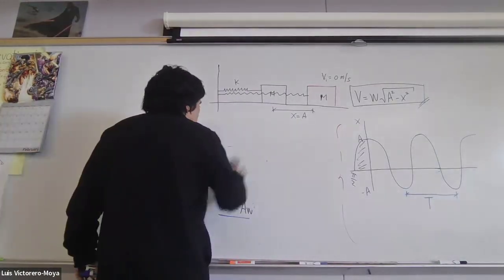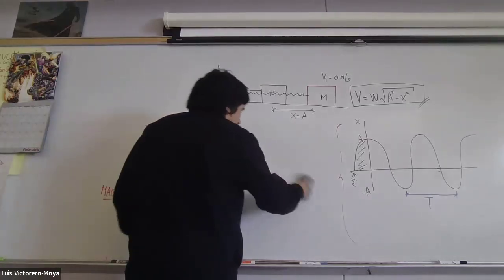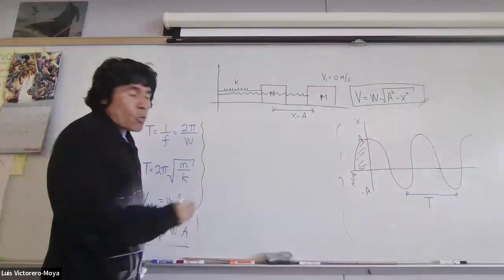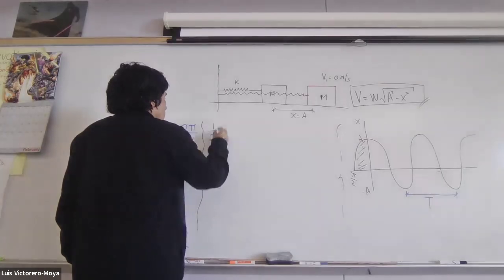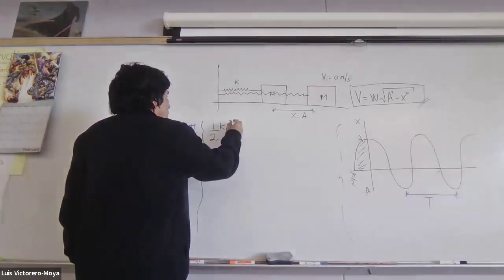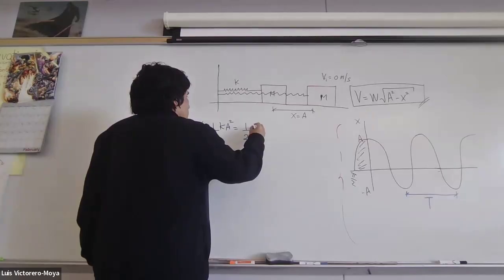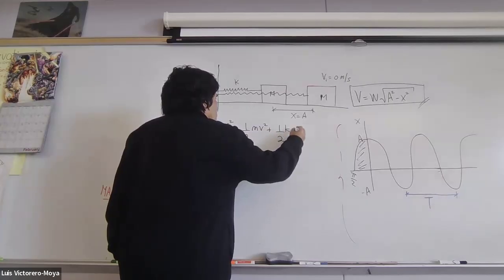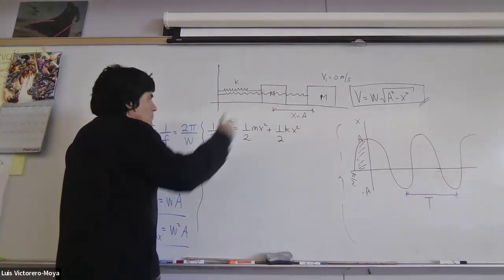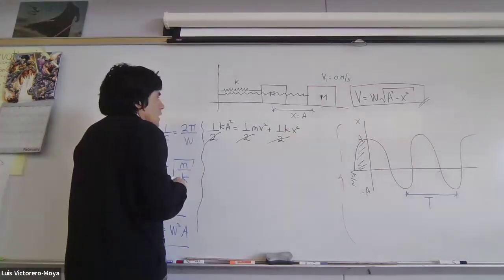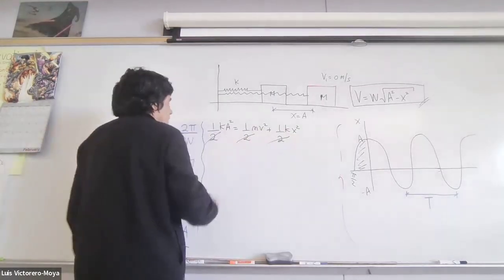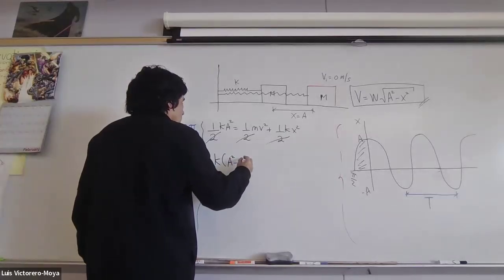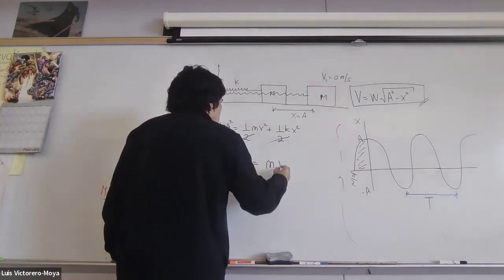We know that the maximum energy for a simple harmonic motion is 1/2 k A squared. That's the mechanical energy, equal to the kinetic energy plus the elastic potential energy, which is this. So if I multiply everything by 2 and move this here, I get k times (A squared minus x squared) equals m v squared.